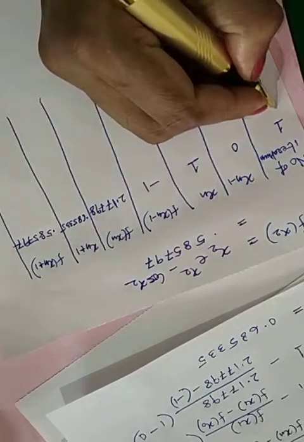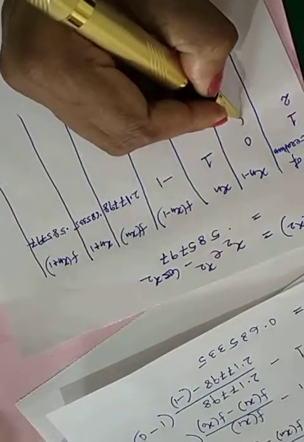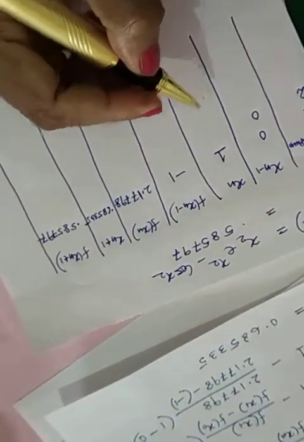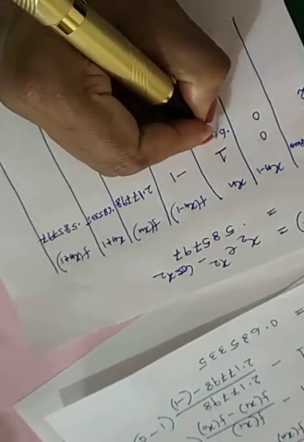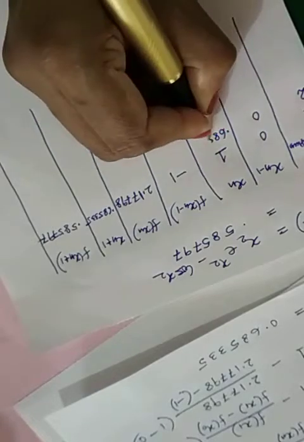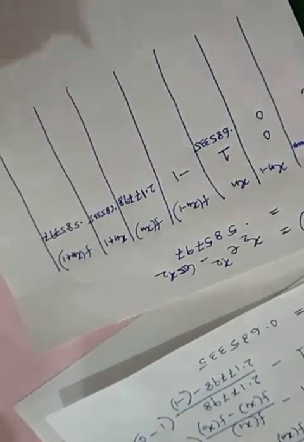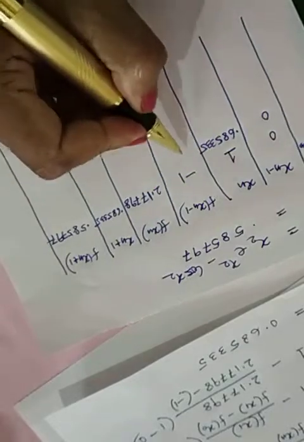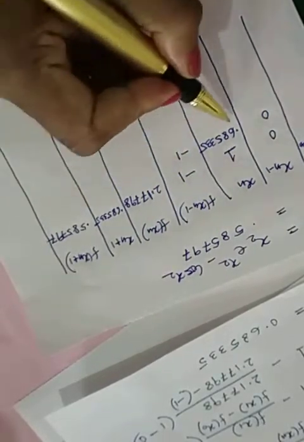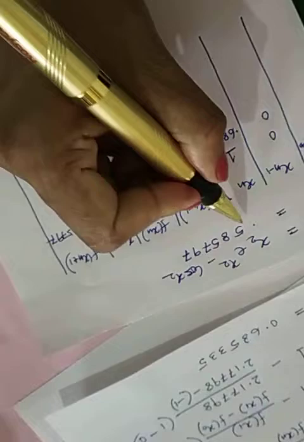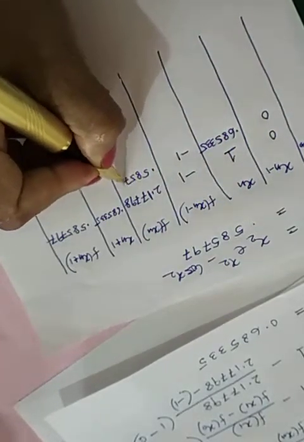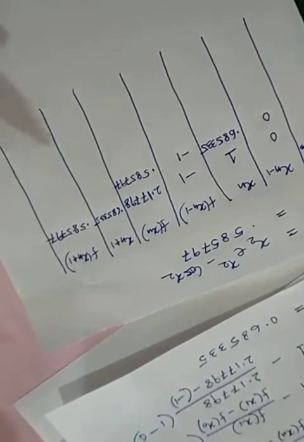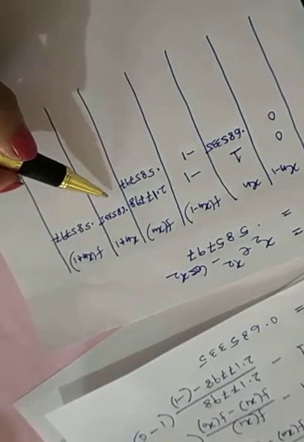So for iteration number 2, 0 will remain as it is, and instead of 1 we'll have 0.685335, and for 0 the functional value is already minus 1, and for 0.685335 the functional value is 0.585797. Then you have to find x3.